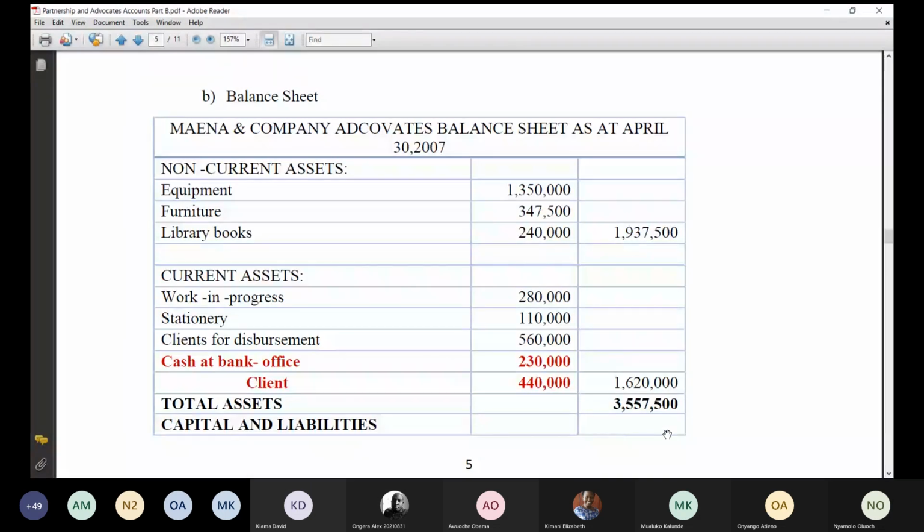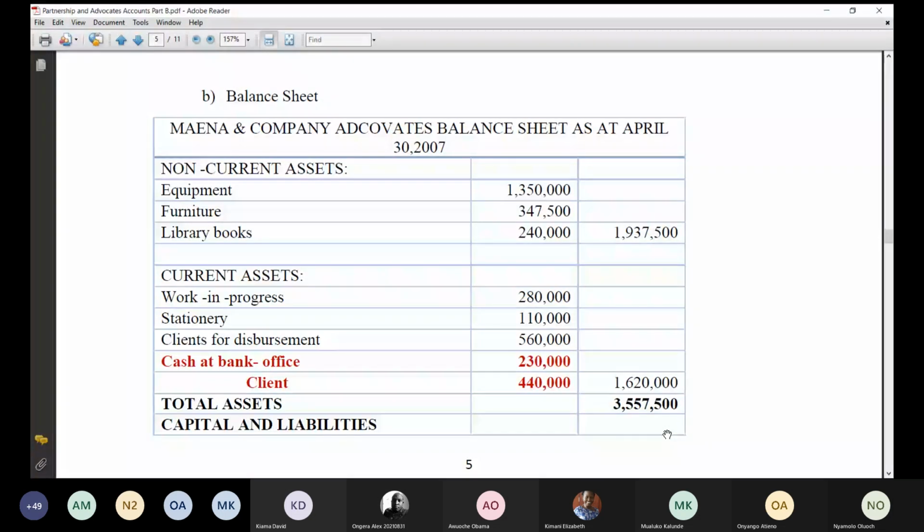So all those stories that you've been given in those notes are basically to test if you are able to compute or post those transactions in the cash book and the client account.